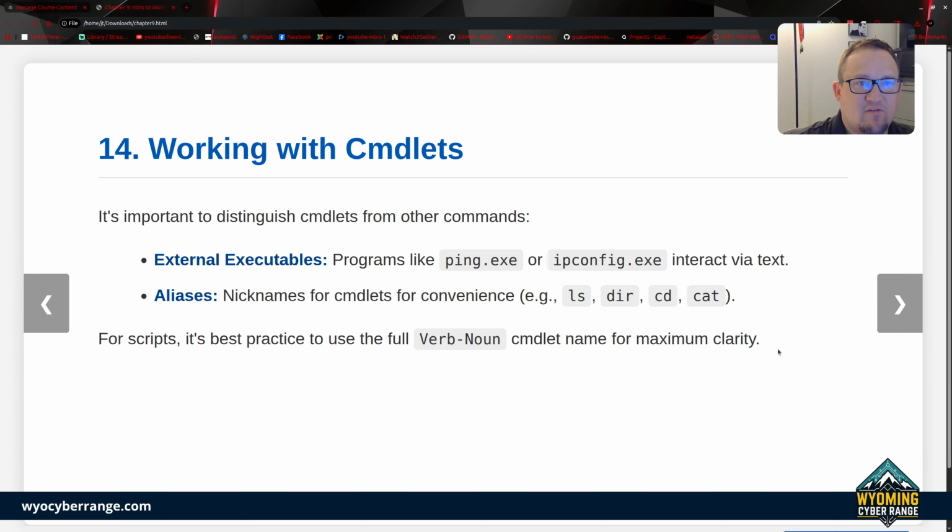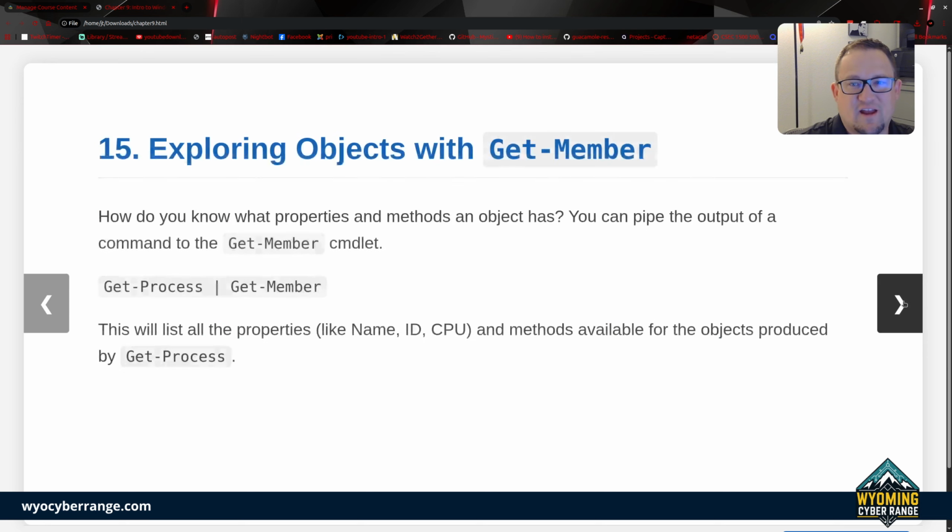Remember, commandlets are going to come from that external library, and so there's going to be a lot of commandlets that are going to be available to us. Now, not every commandlet's going to be installed on your PC, so you may have to bring in the commandlet by installing it. What's really cool about this is it's also going to allow us to expand our libraries depending on what we have on our system. So if we have a new piece of software we want to interact with using a commandlet, we can install that library then. All right, let's move on to the next slide and get back on track here.